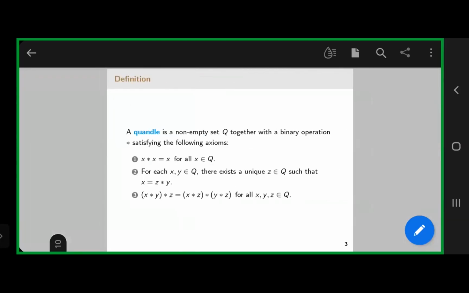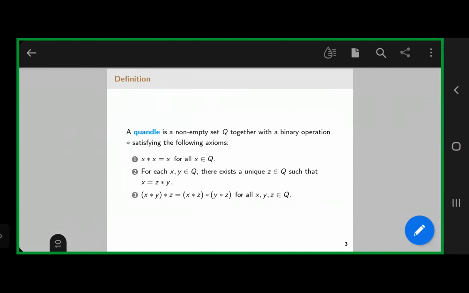Third is some kind of distributivity. It says (x star y) star z is equal to (x star z) star (y star z). These three definitions are very algebraic. Nothing seems to indicate from here why these are important, but they are very important. At least nowadays, a lot of research is going on, especially on these properties.